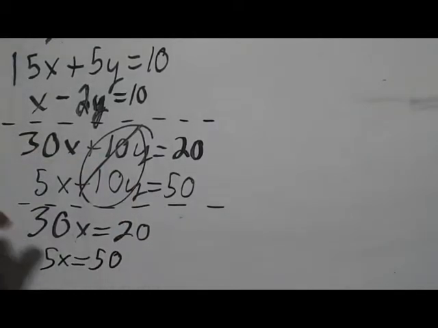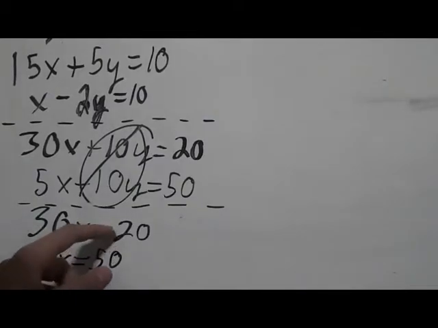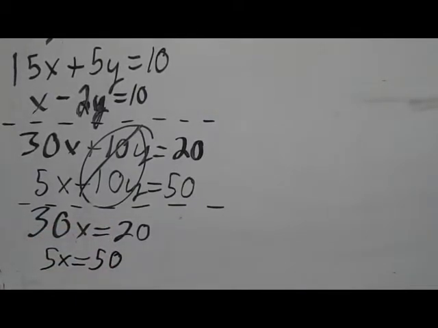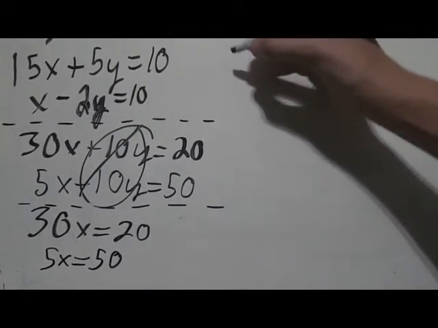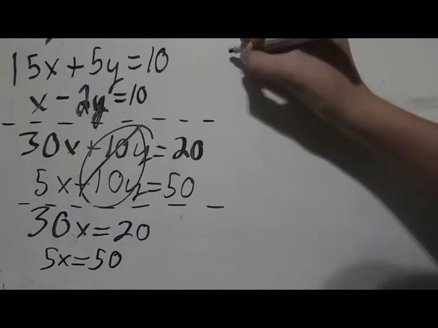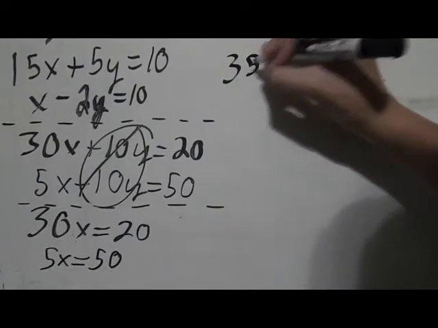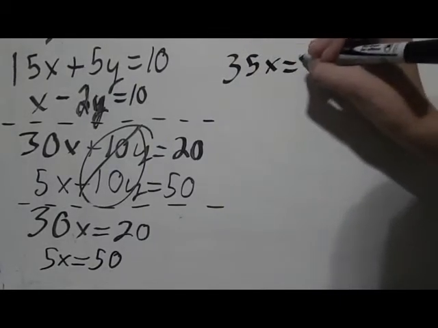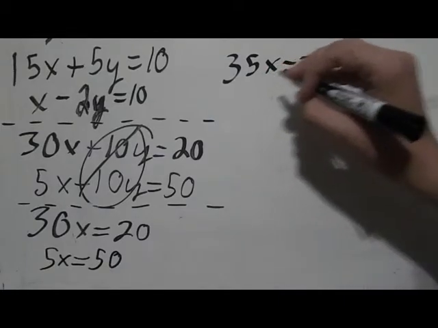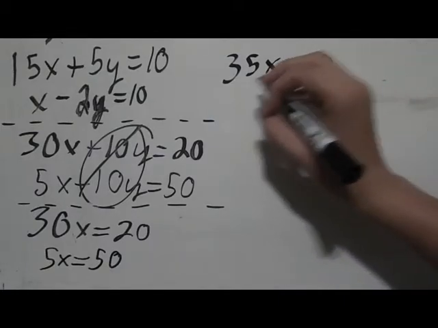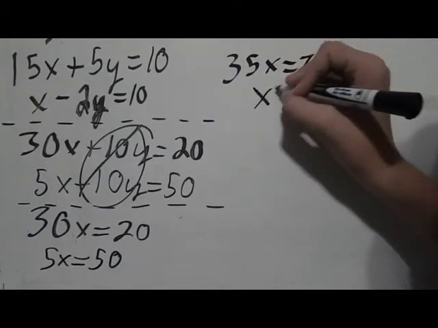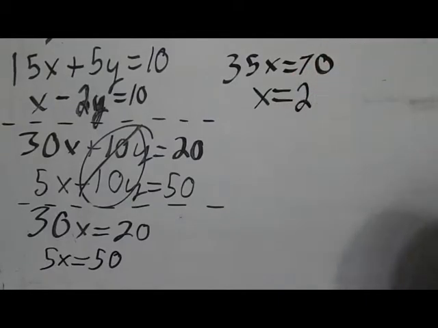So now we're going to combine these two equations together, and what I mean by that is we're going to add the x values together and add the integers on the other side of the equation together. This gives us a very simple 35x equals 70. Now we're going to do this math, which gives us x equals 2.